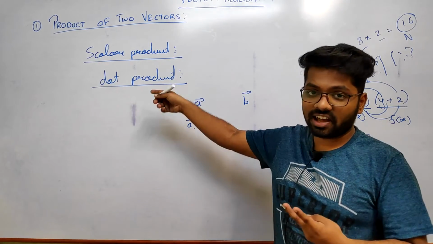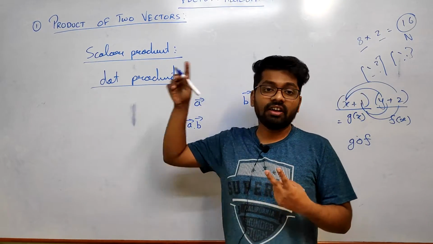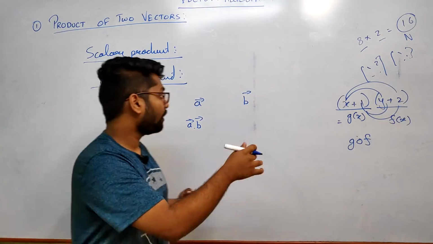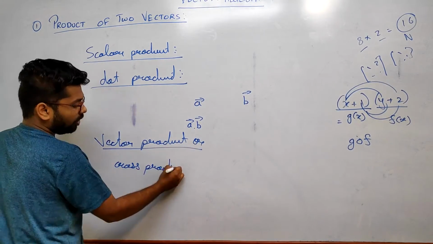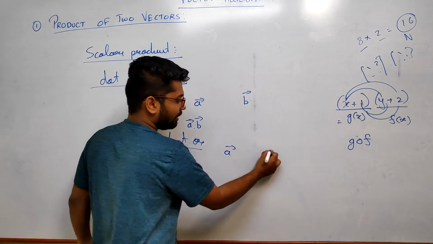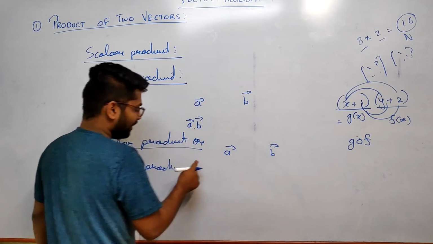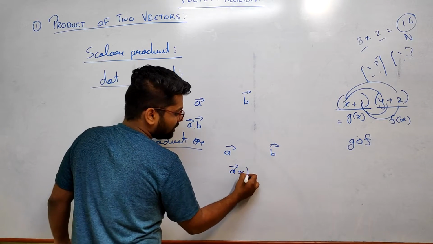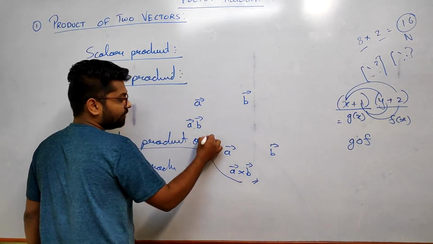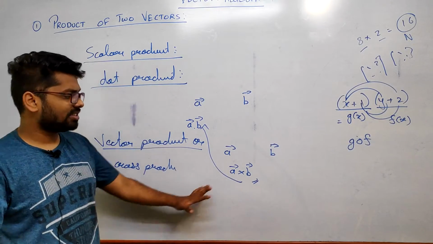One is by scalar product or dot product. The second is vector product, also known as cross product. In cross product, suppose a bar and b bar are two vectors, you will write it as a bar cross b bar. There is a huge difference. Okay, so this is the basic introduction.